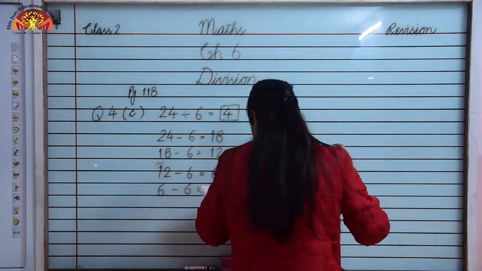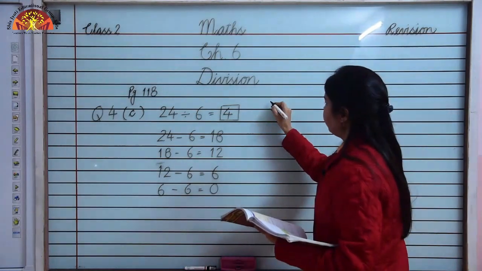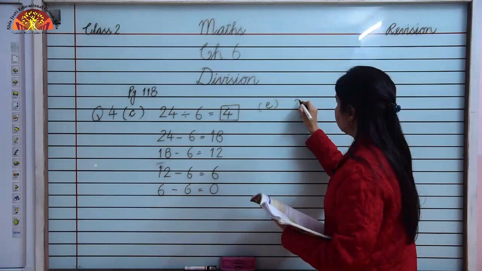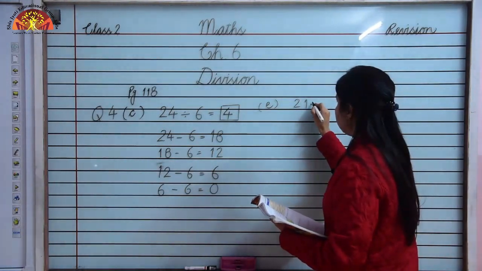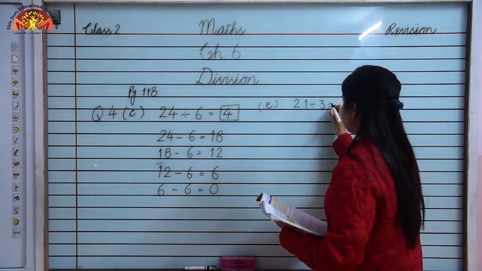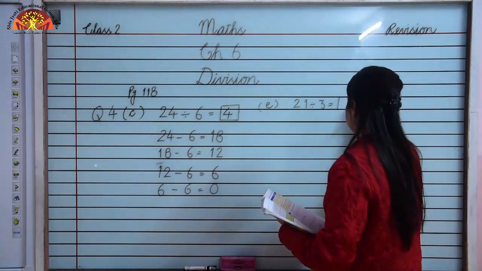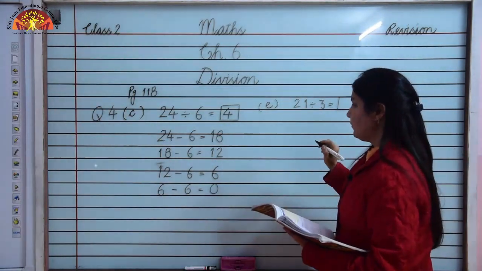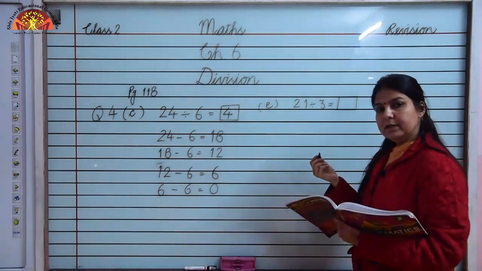This is E part of question number 4. 21 divide by 3. So which number we will subtract from 21? We will subtract 3 from 21 and we will see how many times to reach 0.